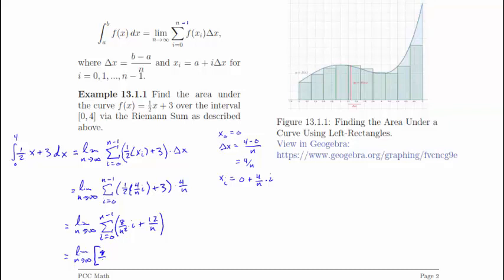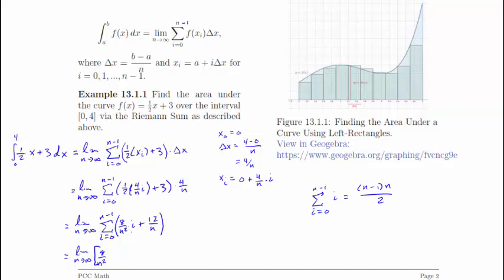So this is 8 over n squared. And we need to remember that the sum from i equals 0 to n minus 1 of i equals n minus 1 times n over 2.